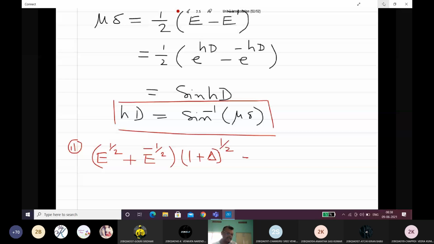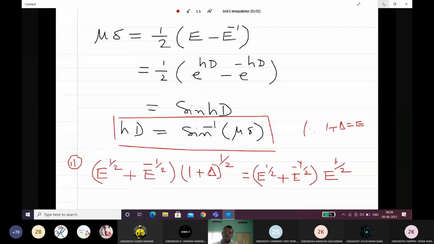What is 1 plus delta? 1 plus delta is nothing but e. That is equal to e power 1 by 2 plus e power minus 1 by 2 into e power 1 by 2, since 1 plus delta is equal to e.